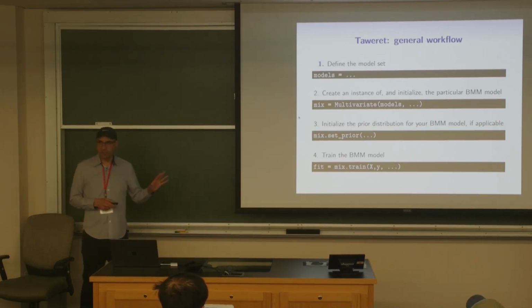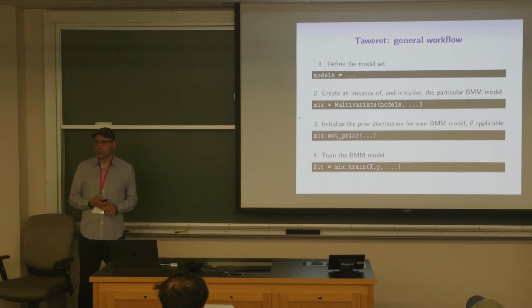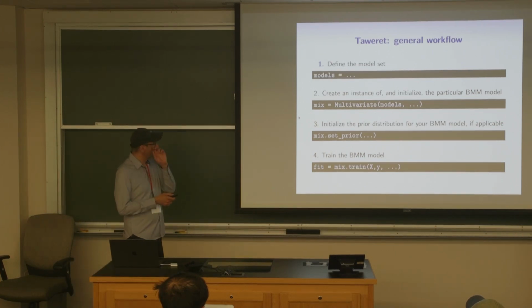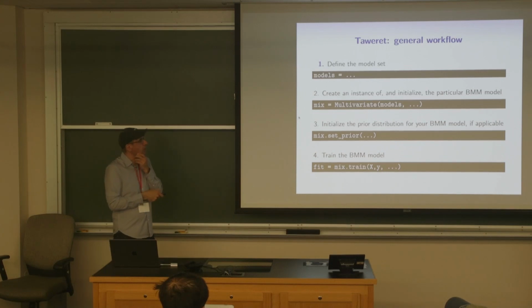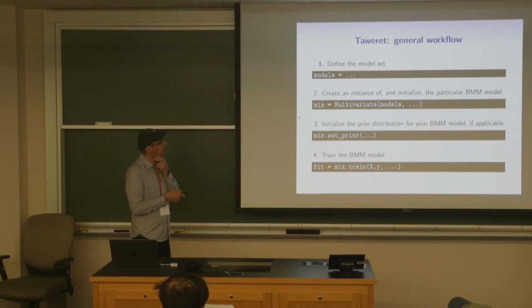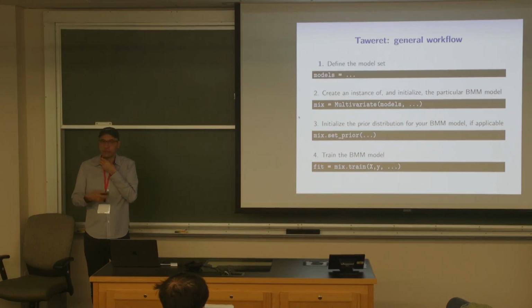So there's a variety of implementation flexibility available there. Here's the general structure of what the code might look like when you're using these. First you would define your model set, and we'll see how we do this in just a second, so I'm going to leave that blank for a moment. Then you would create an instance of the particular BMM methodology you want to use.